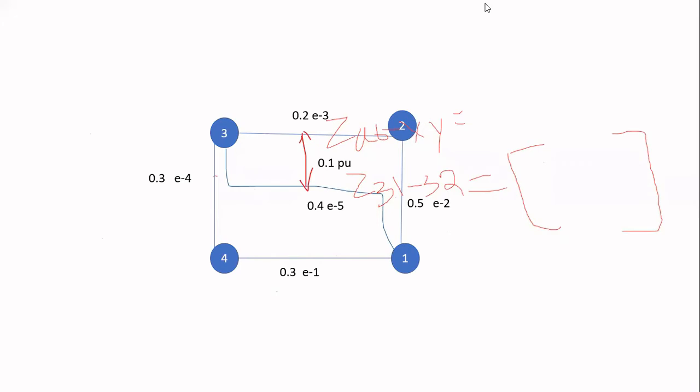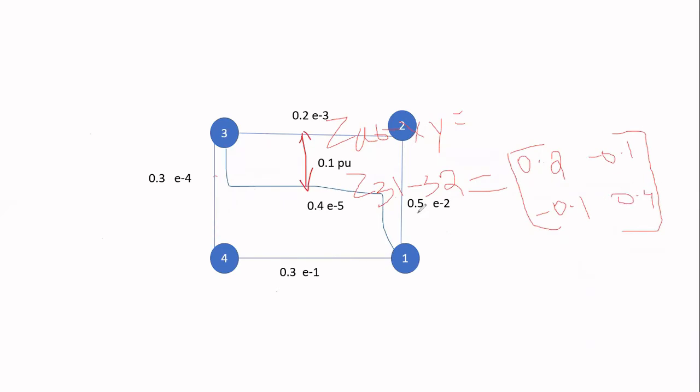Then in the Z3132 matrix, this is the 0.2. Next, what is the mutual impedance? That is 0.1. Then in this case we consider it as minus 0.1. This is also minus 0.1. Next, which element is added? That means element 5. What is the value for that element 5? 0.4. Then this is the 0.4.